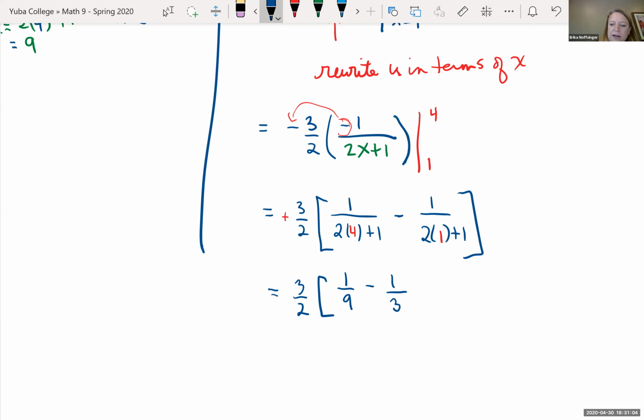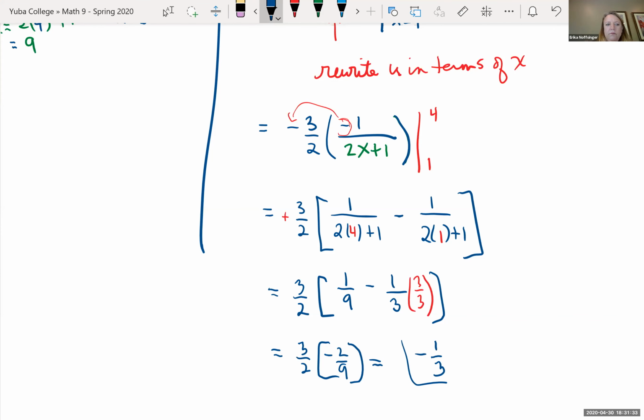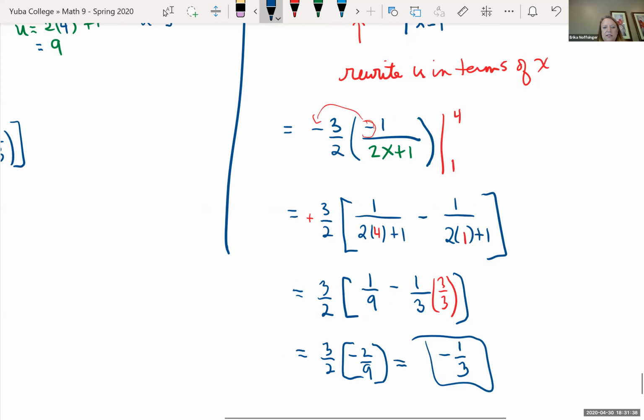Need a common denominator. And so this is equal to 3/2 times, well, 1/9 minus 3/9 is negative 2/9. We can reduce, and this gives us our negative 1/3.